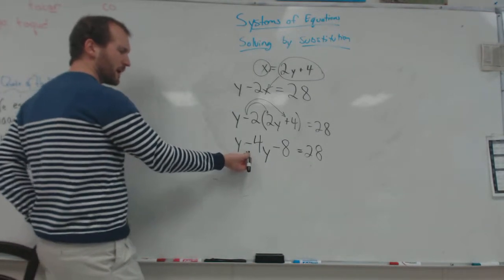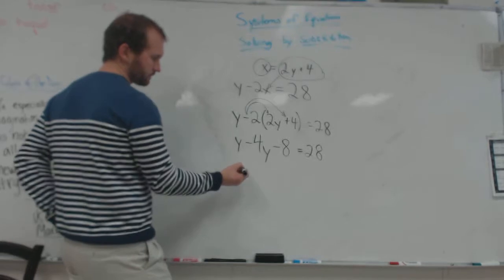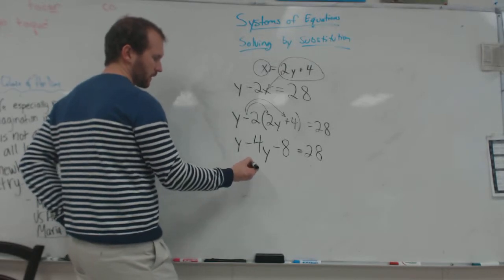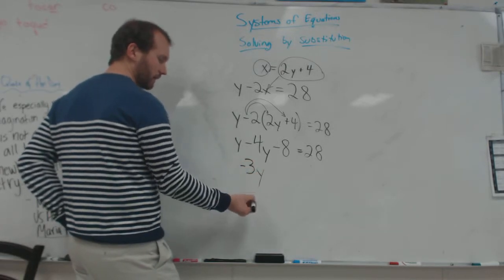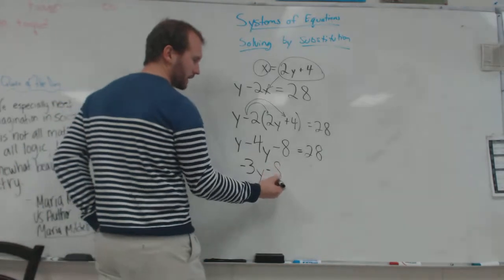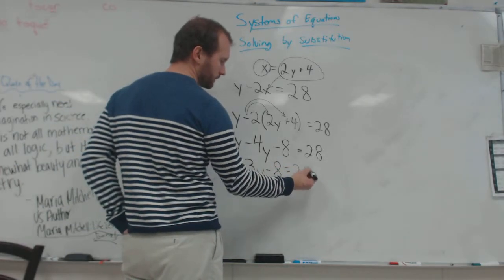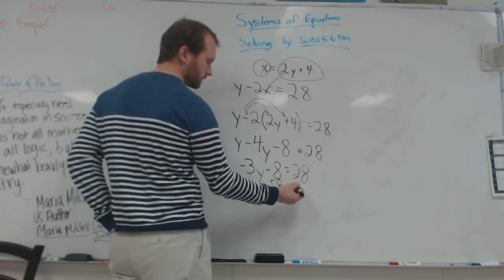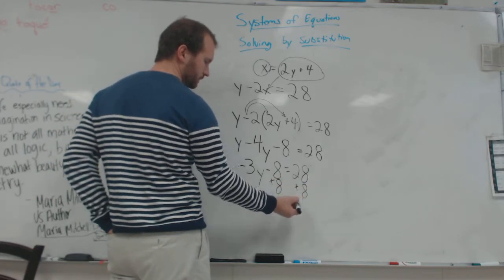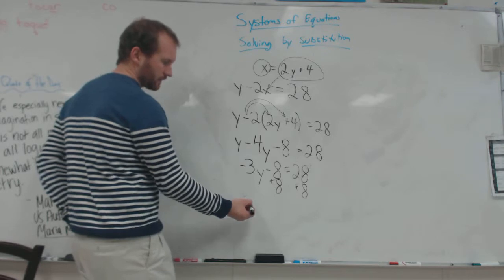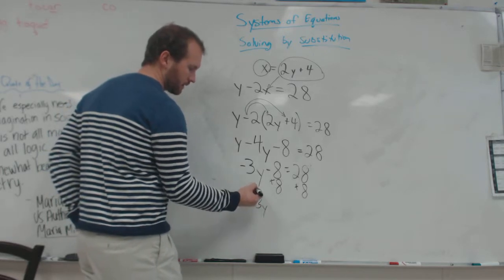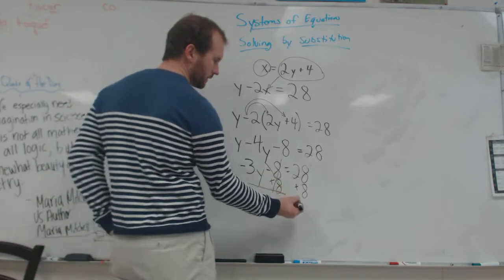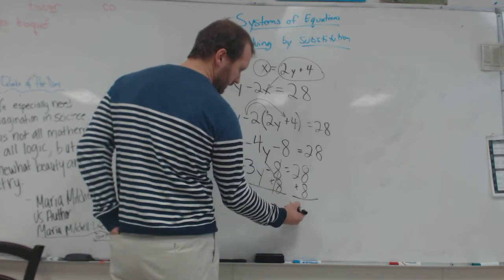What is y minus 4y? Negative 3y minus 8 is 28. I'm going to add 8 to both sides. So I have negative 3y, because those cancel out, equals 36.